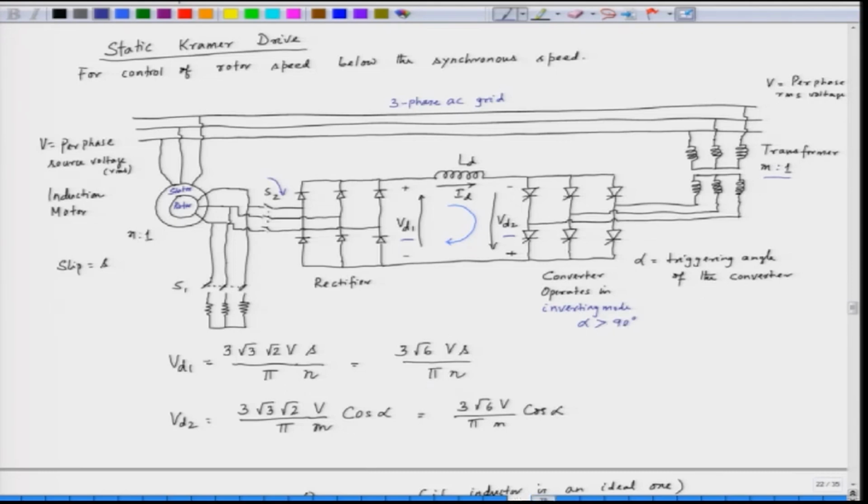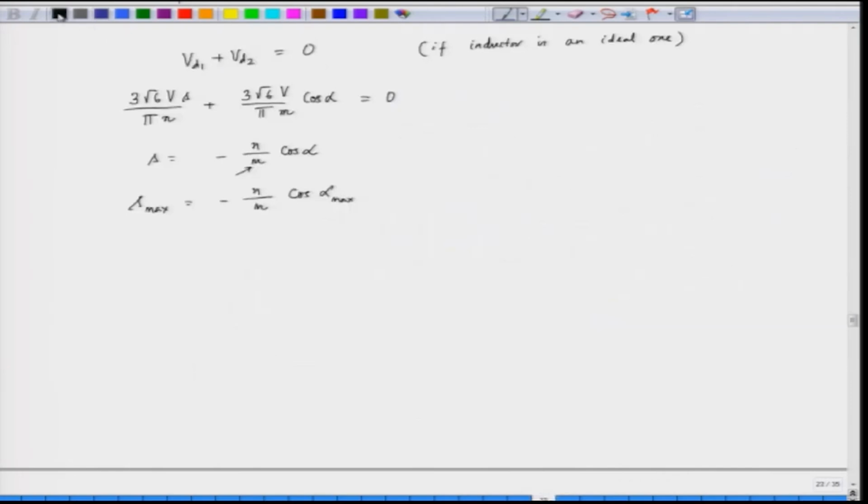So, in this case the range of alpha is greater than 90, and alpha should have a maximum value, that maximum is approximately 165 degree. Why is it 165? Because it is operating in the inverting mode, we have to have successful turn off of the converter thyristors.